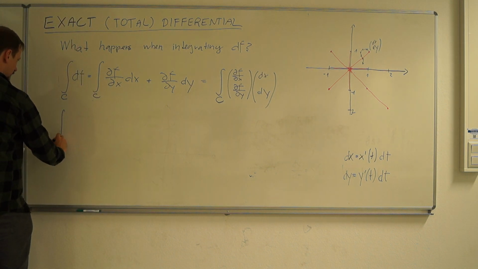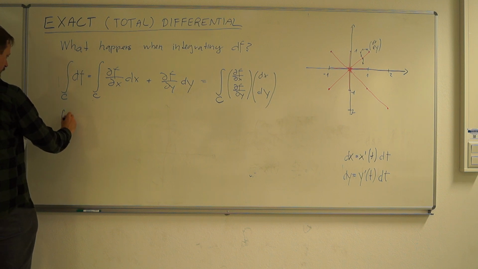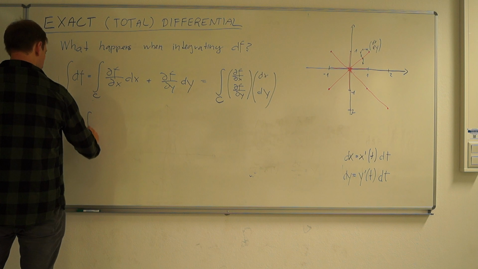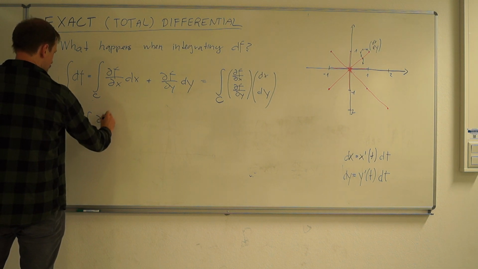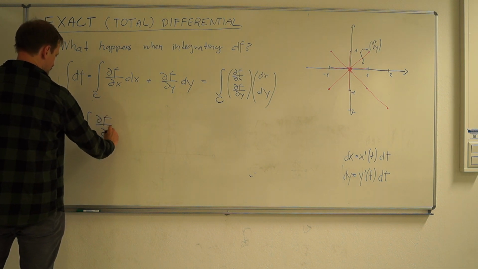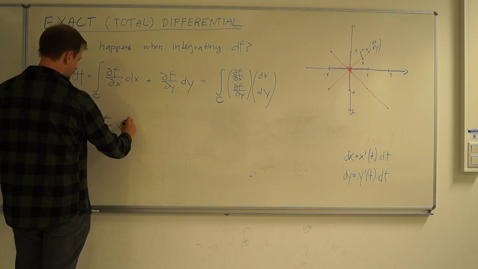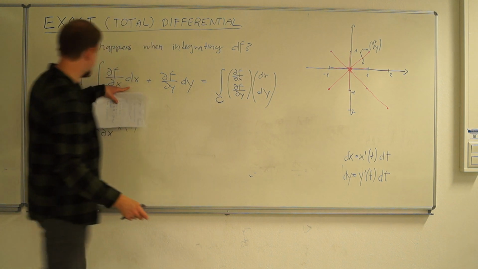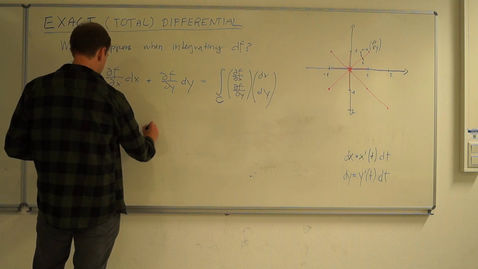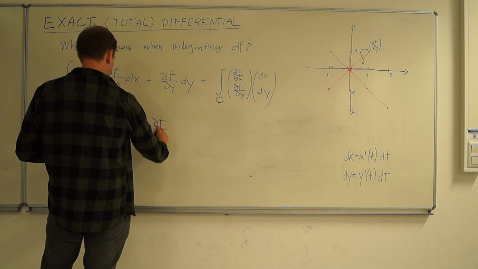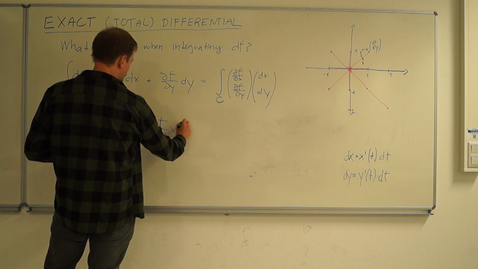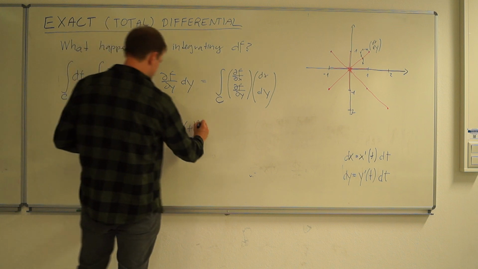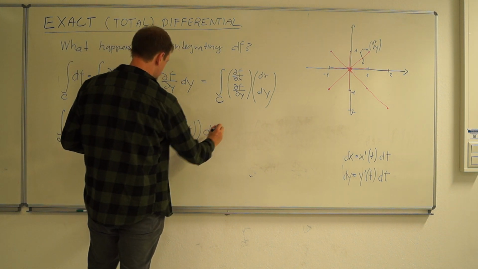So the integral I will just copy from above, the integral over df equals the integral of df over dx times x prime of t. I just plug in this dx here, plus df over dy times y prime of t, and everything in brackets dt.